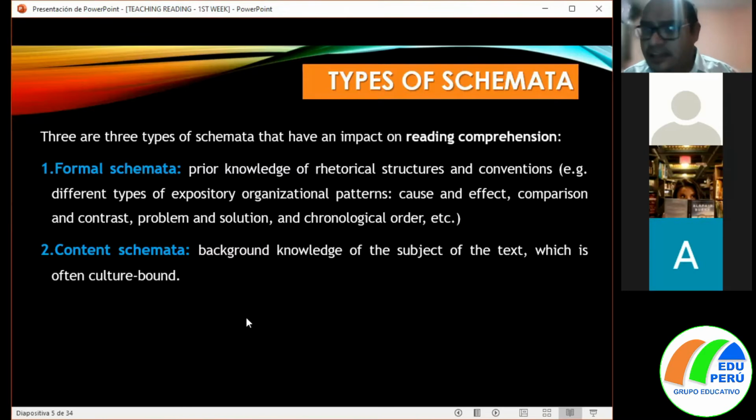Yes, Lucy, you're right. The vocabulary is specific, related to that field, related to the subject. So it's not going to be so easy to understand it.